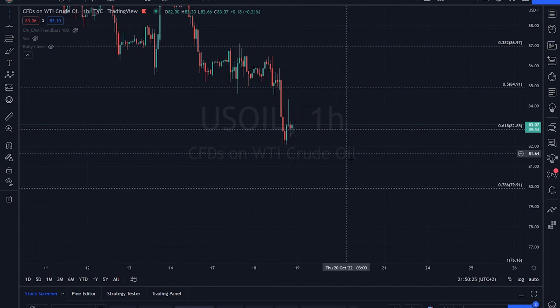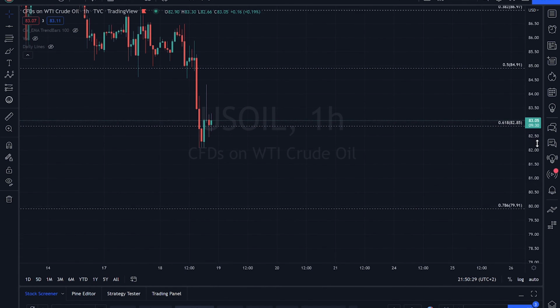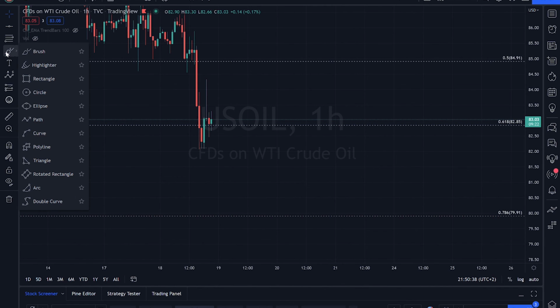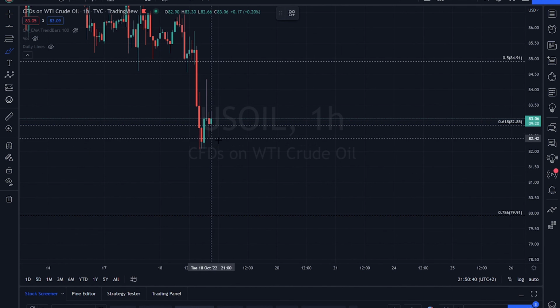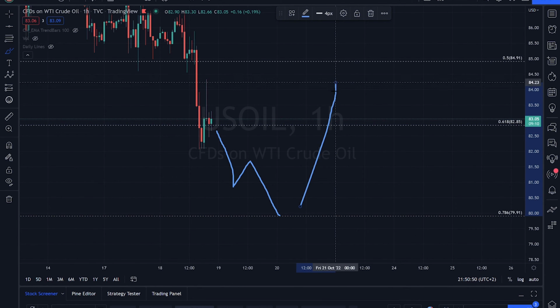I think that over the next 24 hours, we should be looking to see whether we're going to come down to this 78.6 level, and then from that level here, maybe we'll do a 3-wave pattern down to this 78.6, and then we can start looking for long opportunities here.